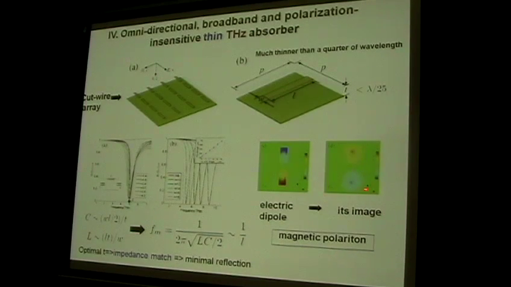The positive and negative charges together with this image form the magnetic polariton. And this magnetic polariton gives the resonance to absorb the electromagnetic wave.